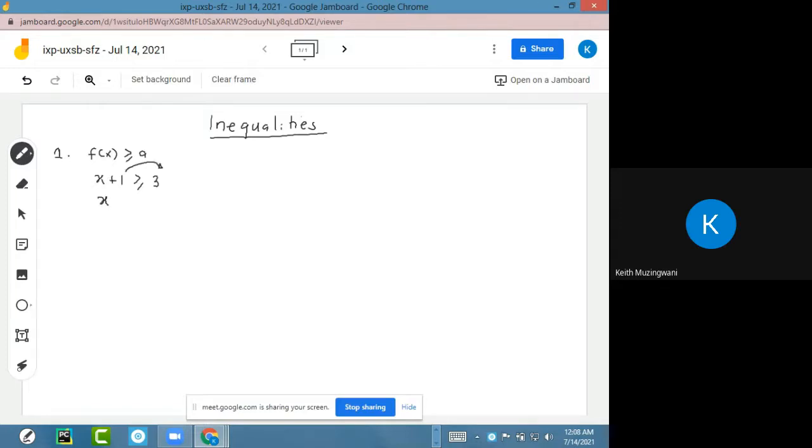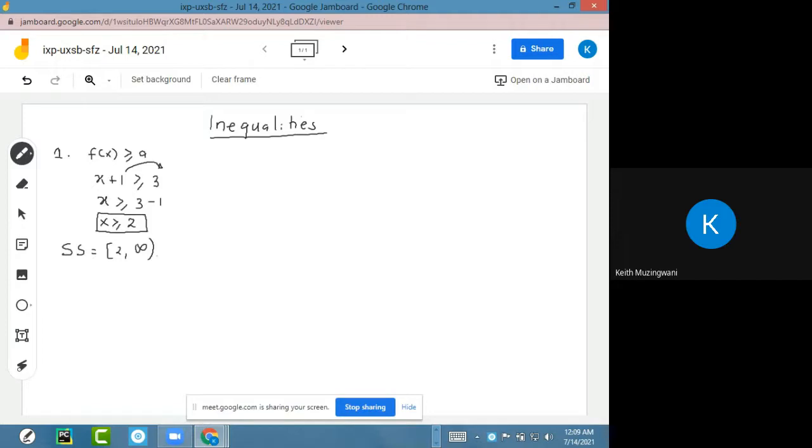So we have x greater or equal to 3 minus 1, meaning that x is greater or equal to 2. And this becomes the solution. You can also write this as an interval where you say 2 all the way up to infinity. You can as well do so.